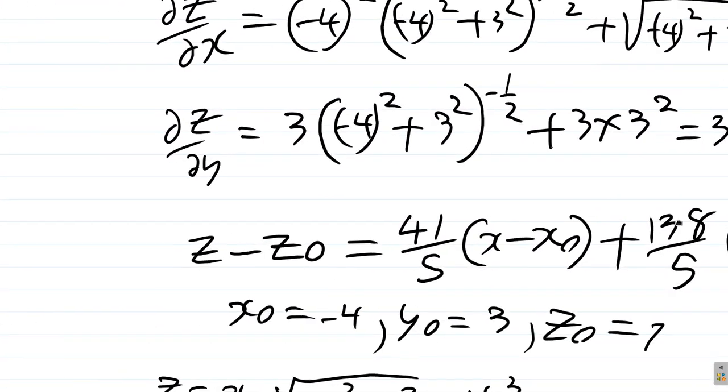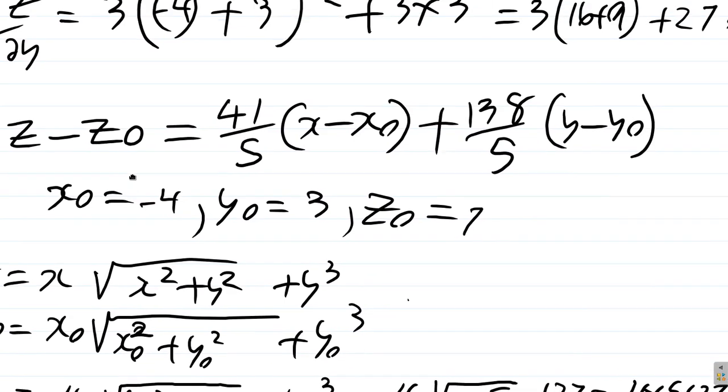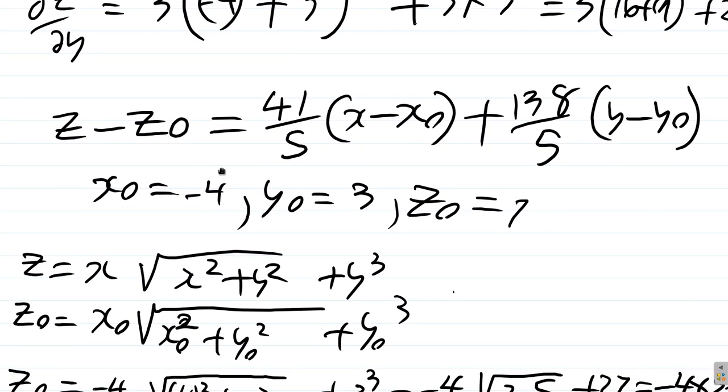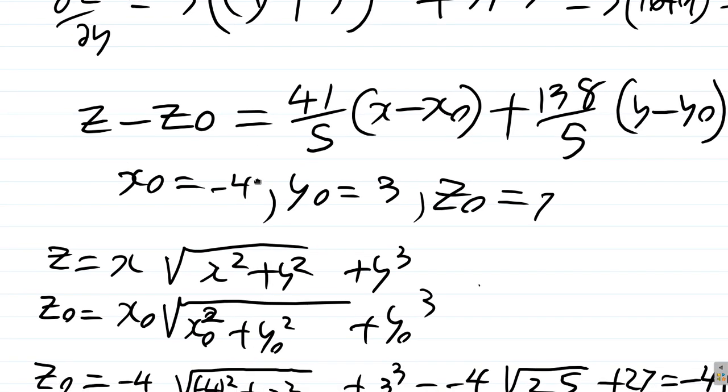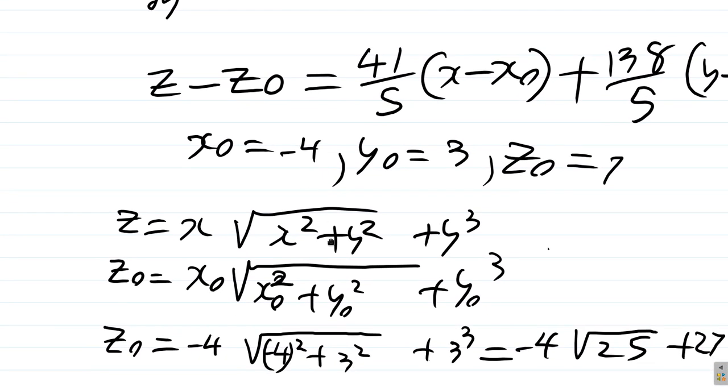After that, you substitute these values into the general equation for the linear approximation, or for the tangent plane. You'd have to substitute to find z naught, but the point already gives you x naught and y naught.